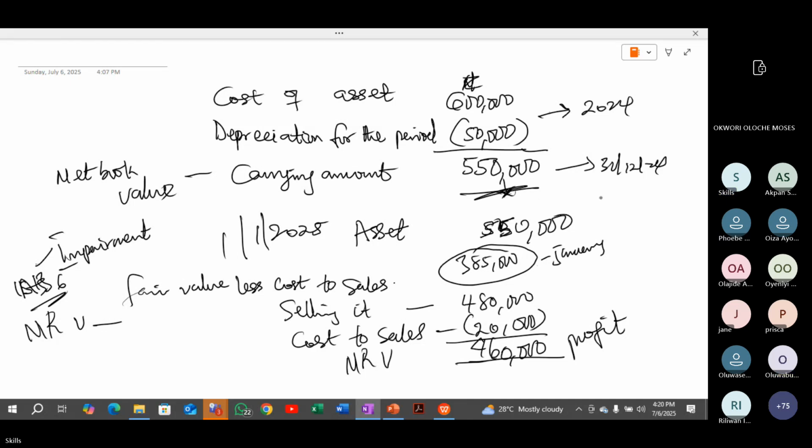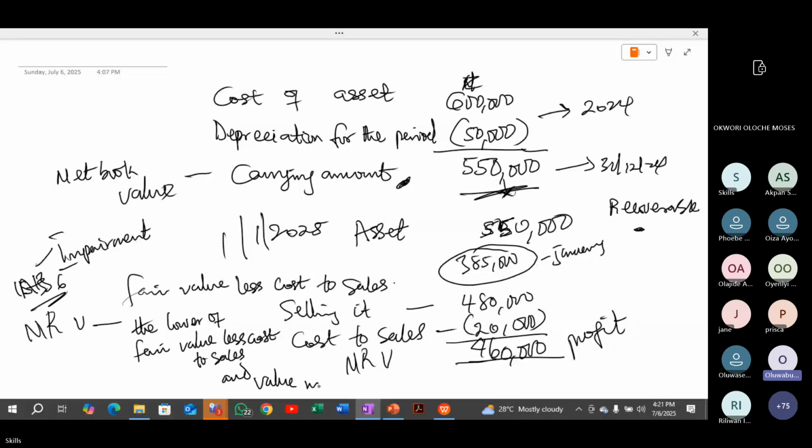Just be following what I'm writing. I want to compare my carrying amount and my recoverable amount. This recoverable amount, I will now come here, pay the lower of fair value less cost to sell and value in use.